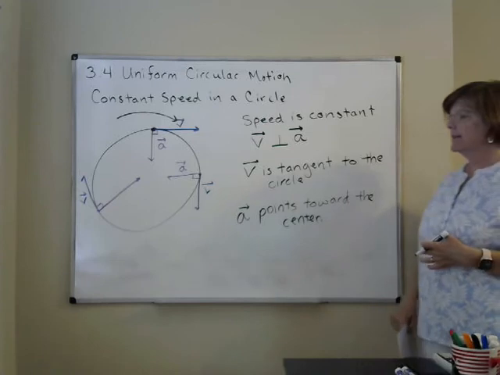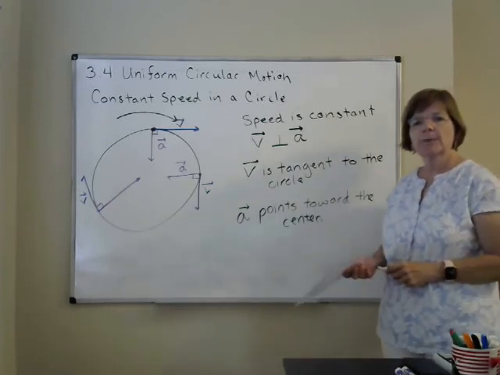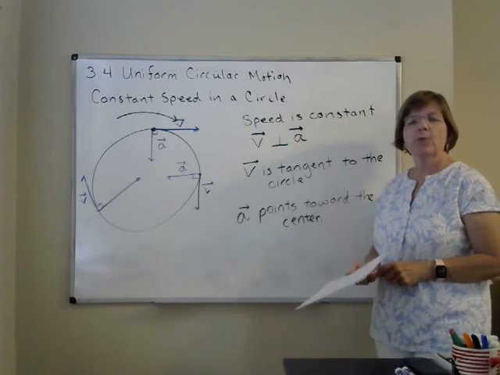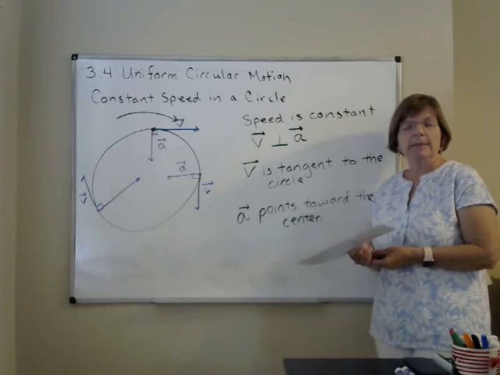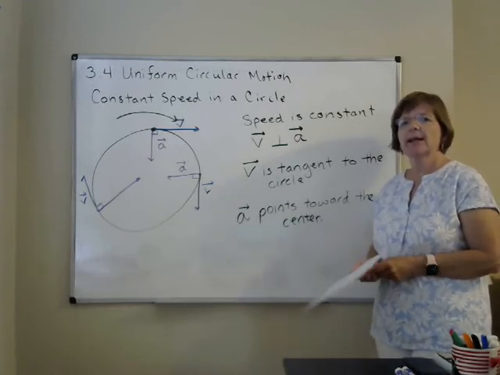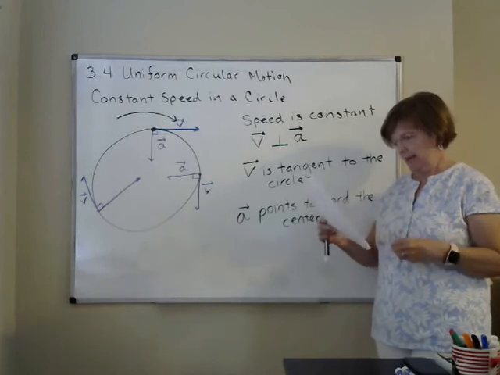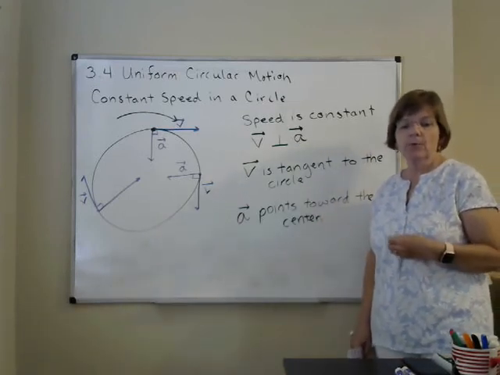When we have an acceleration that points towards the center, we call that a centripetal acceleration or radial acceleration. Centripetal comes from, I believe it is the Greek root, could be a Latin root, but it is a root that means center seeking. Radial, of course, comes from the word radius.